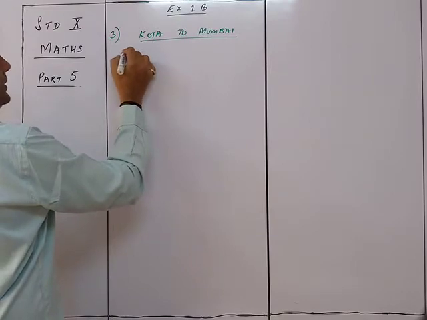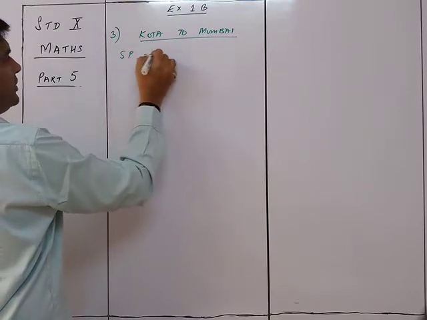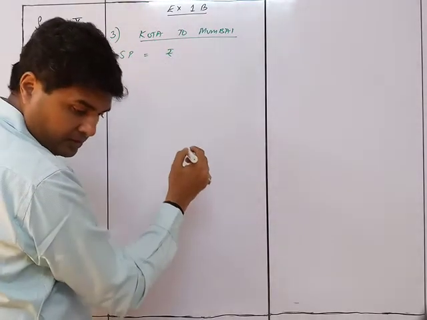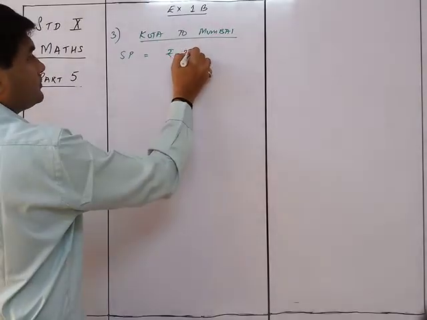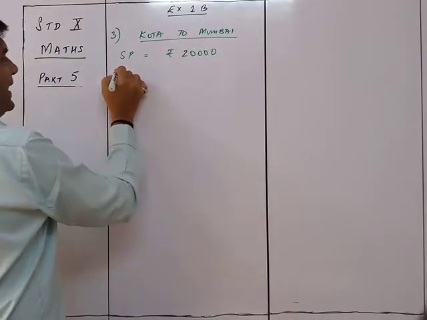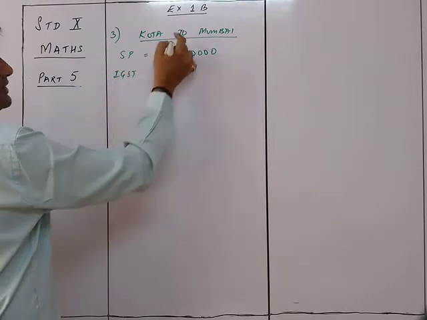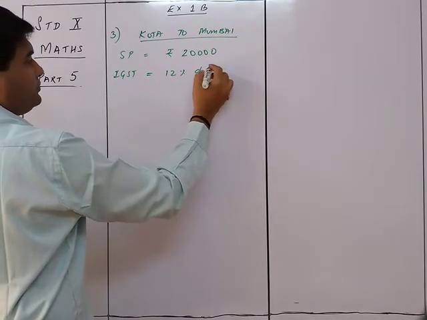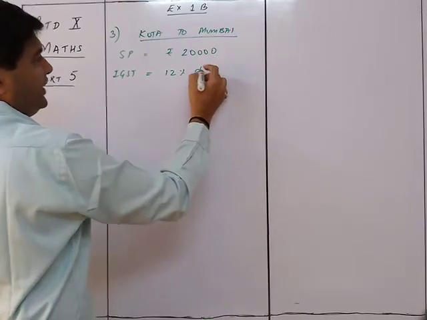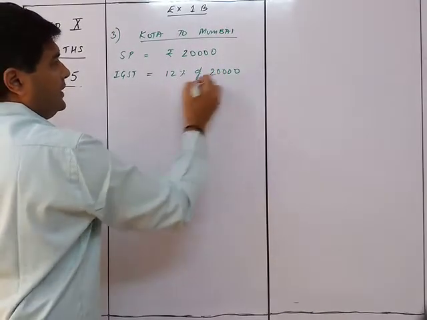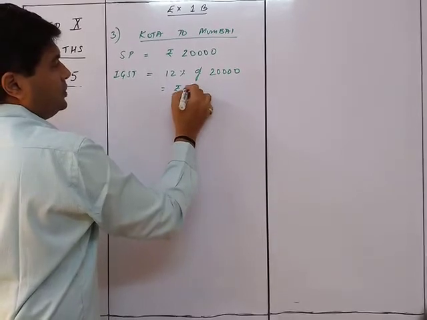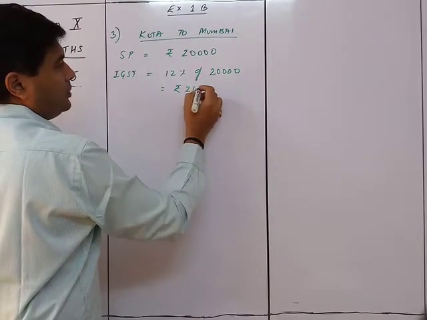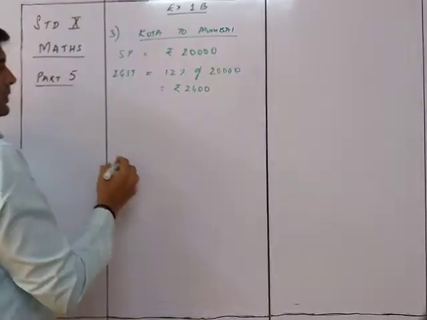So SP is equal to rupees 20,000. IGST, because it is different states, is 12% of this one. So 12% of 20,000 is equal to rupees 2,400.